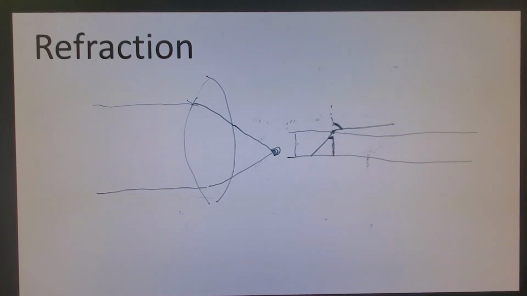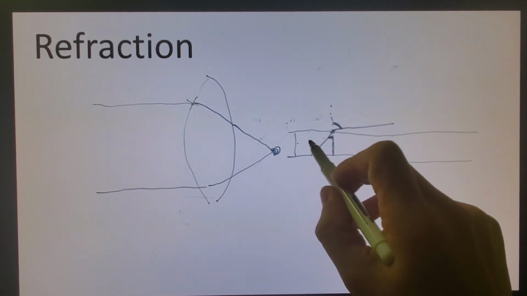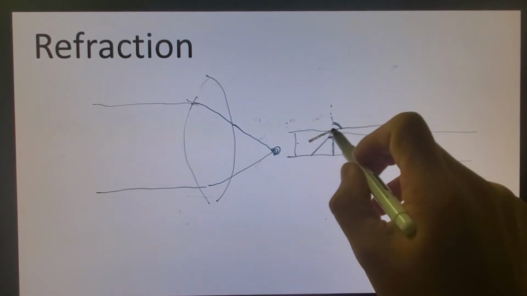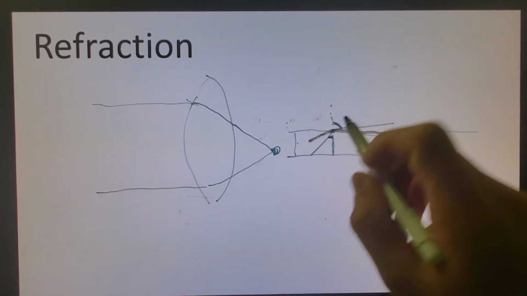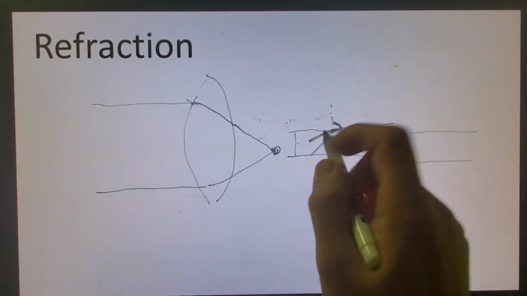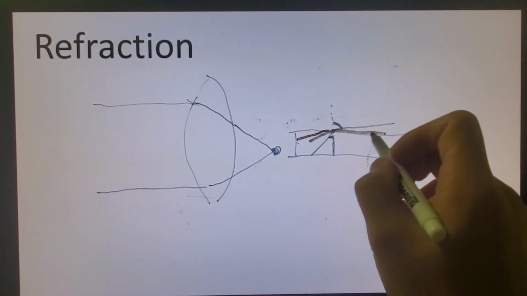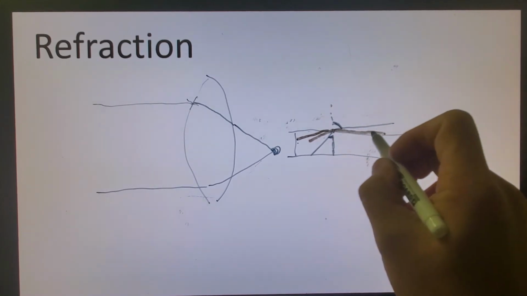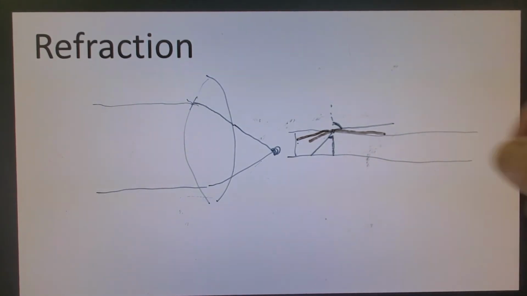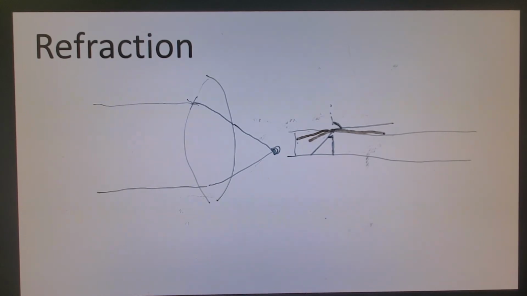So the question is, if you increase this angle, what happens? When you increase this angle, you also increase the other angle, until a point where it cannot be increased anymore because it goes horizontal. This is called total internal reflection.